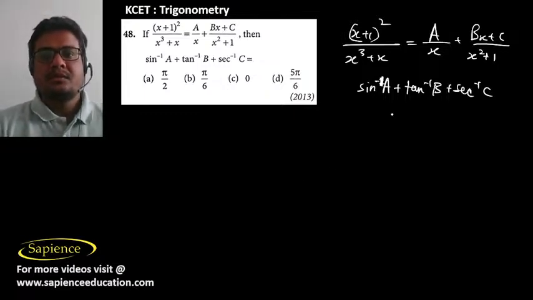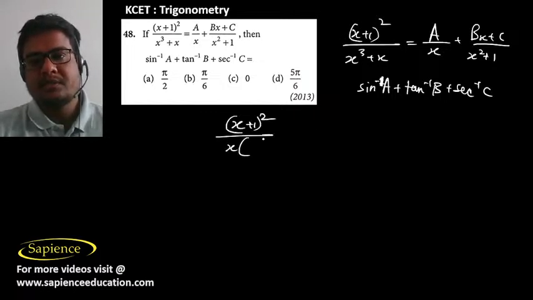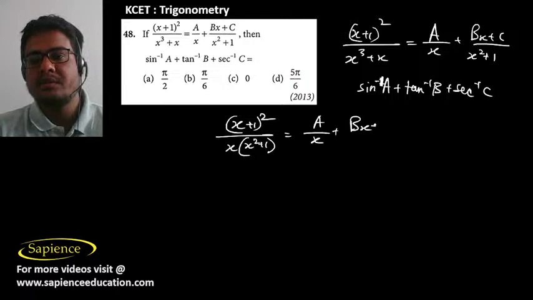Okay. So here it is (x plus 1) whole square by x into (x square plus 1), that is equal to a by x plus (bx plus c) by (x square plus 1).